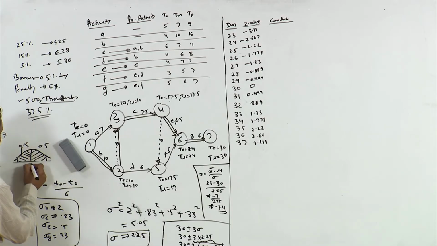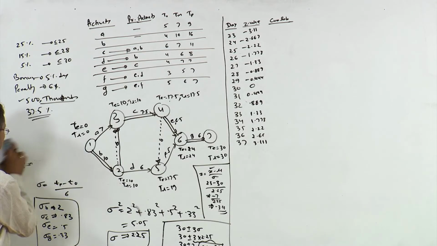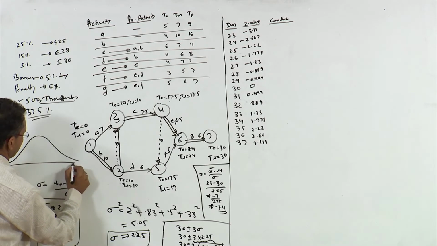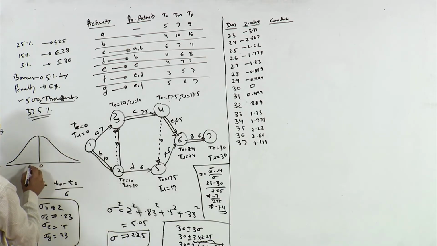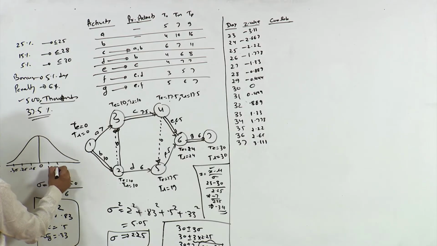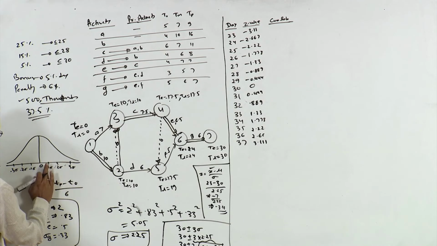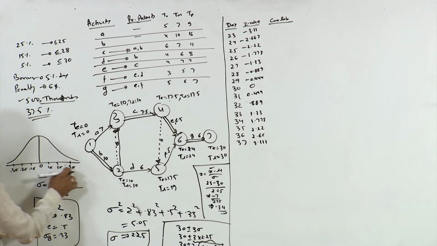So, this is the 0 value, this is 1 sigma, 2 sigma and 3 sigma, on the minus side minus 1, minus 2, minus 3. Similarly, this side you have 1 sigma, 2 sigma and 3 sigma, right. All of these are plus, so no need to write the plus sign here.